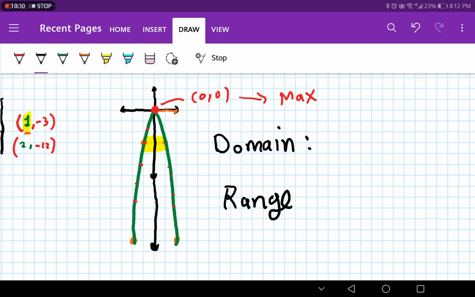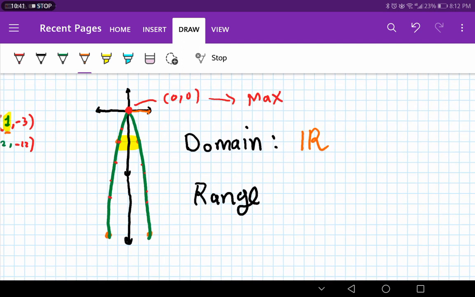The domain for all quadratic functions, your answer must be all the real numbers, or you write it like this, all real numbers.